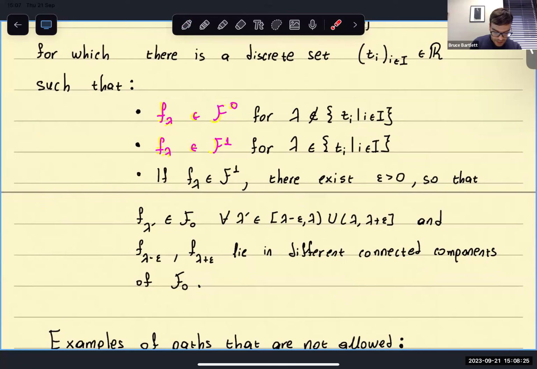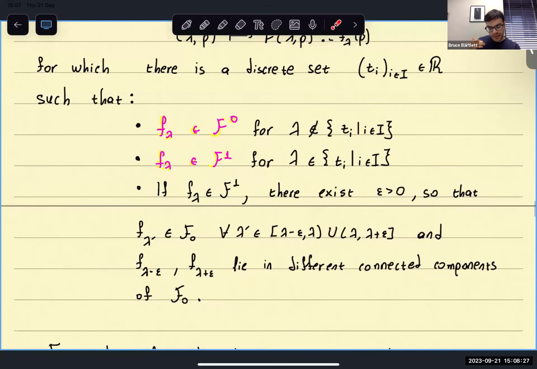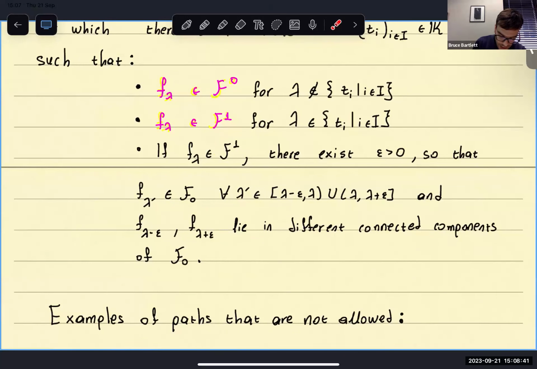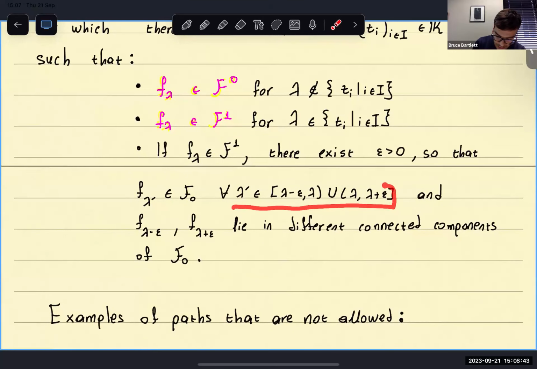And I have this extra condition, which is that if you are a smooth function in the path that hits F1, then there should exist a little epsilon, so that in that neighborhood of lambda, all the other functions are in F0.